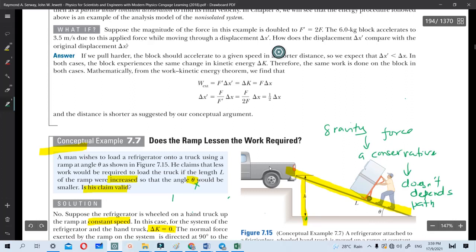For instance, whether it is the longer distance or the shortest distance possible, at the end of the day it does not depend. It only depends on the vertical height. And that is the reason why the gravity force is considered a conservative force.